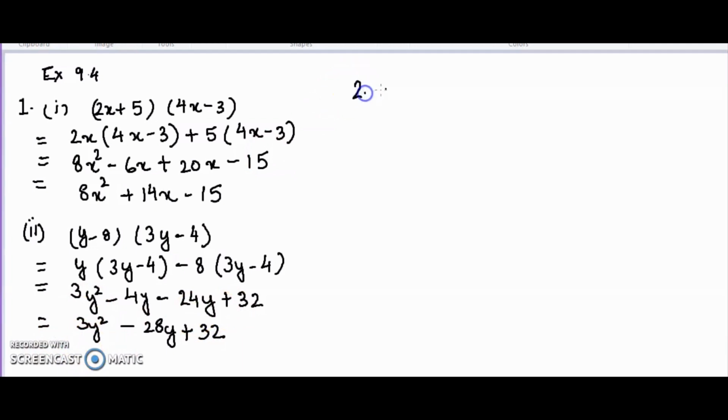So from question number 2, we will take up third part, that is find the product of a square plus b and a plus b square.